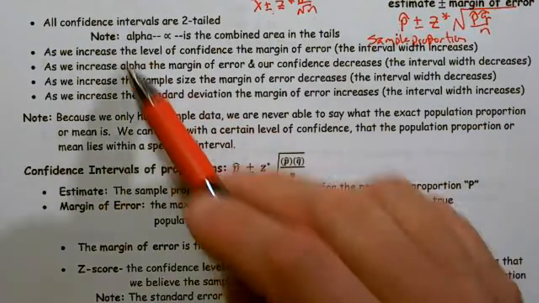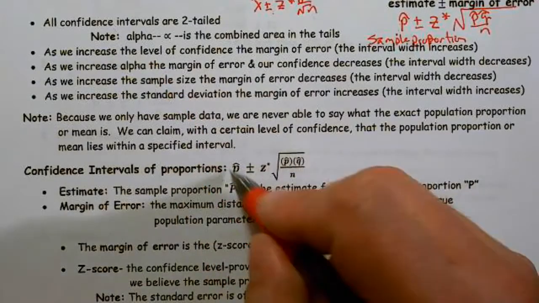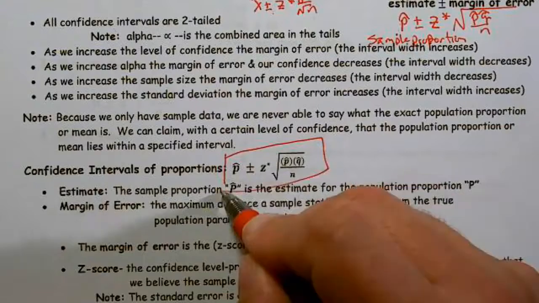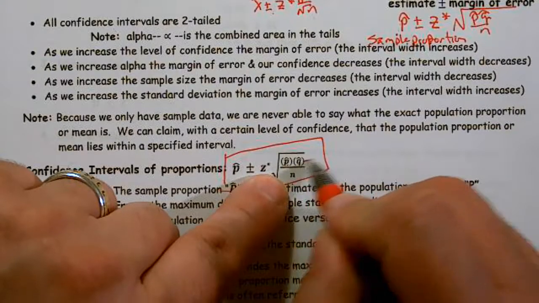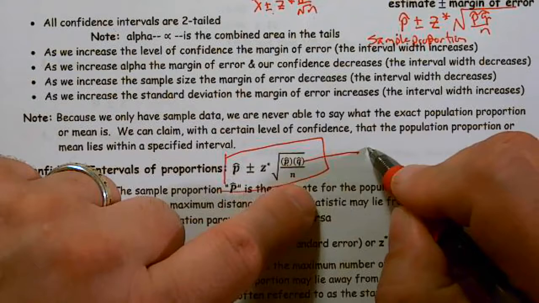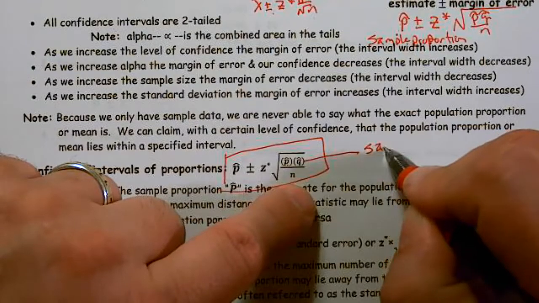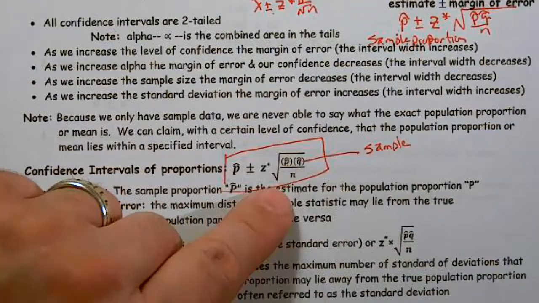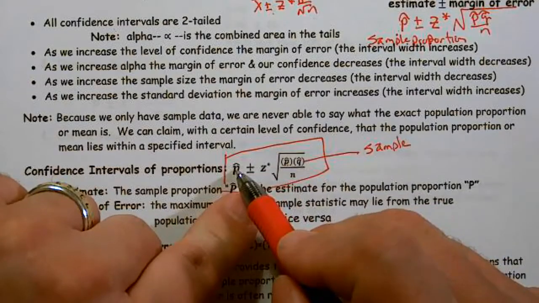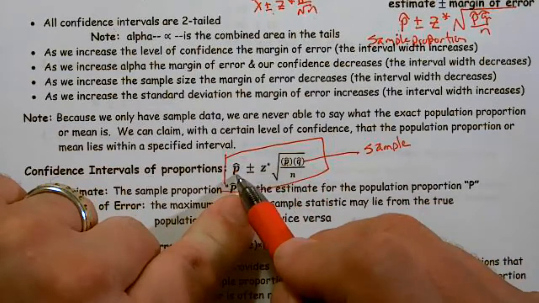You're going to need to read the rest of this yourself. Please make sure that you understand this. And one thing to pay very, very careful attention to is that P hat and Q hat are from the sample. That's not the claim, so this value and this value have to be exactly the same.